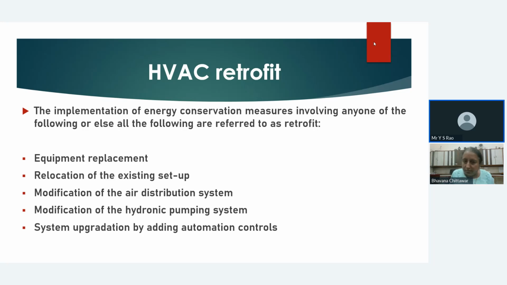It involves equipment replacement, relocation of the existing setup, modification of air distribution system or water distribution system, or else integration of an automated control system. These all come under HVAC retrofits only. And moreover, these are all ECMs as well.